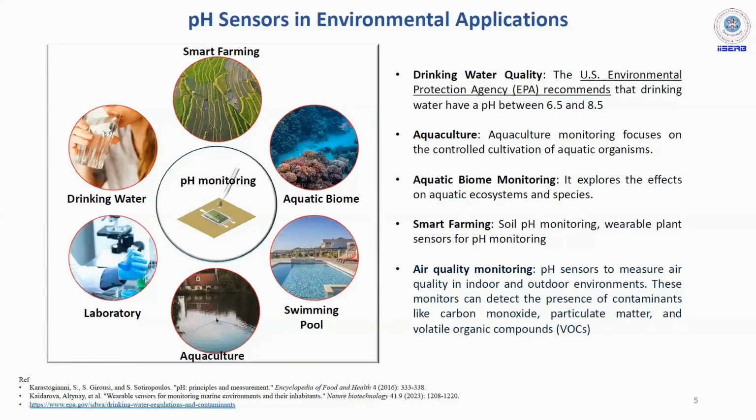If this pH fluctuates, then many of the aquatic animals can't survive in the aquatic body. Then for smart farming, soil quality monitoring, and even air quality monitoring, we do pH sensing. I'm not going into much detail on why pH sensing is needed; I just gave a brief idea.